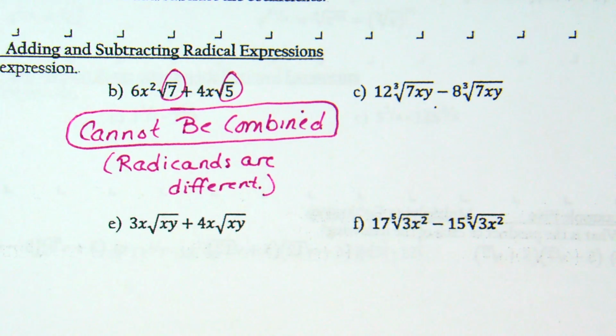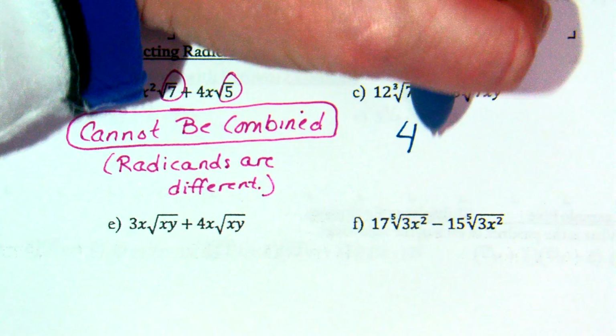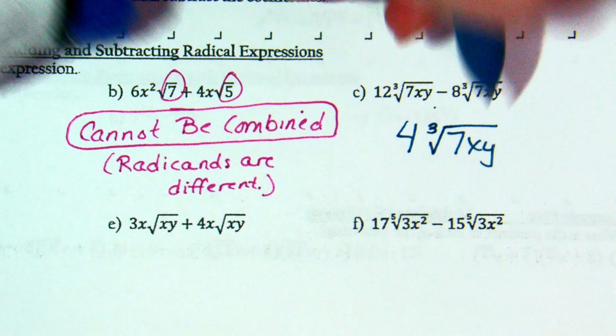You think they can? Okay. They're both cube root of 7xy, yes? So when I subtract these, what do I get? 12 minus 8 is 4, so my answer is going to be written as 4 times the cube root of 7xy.